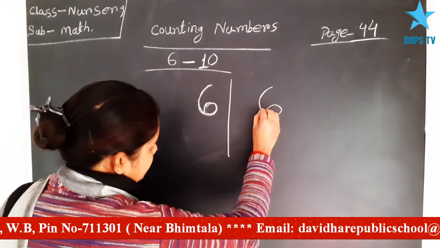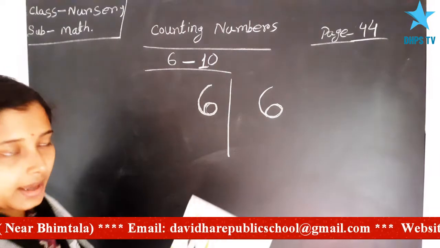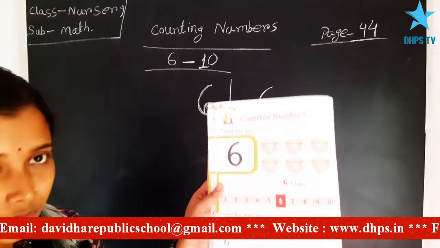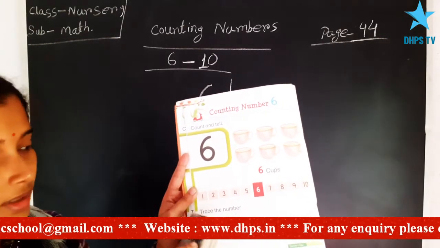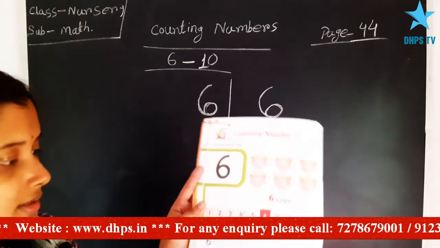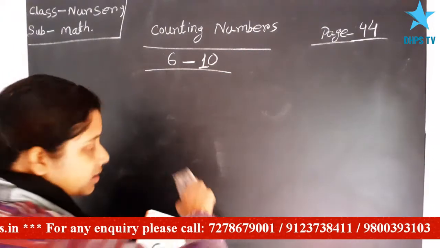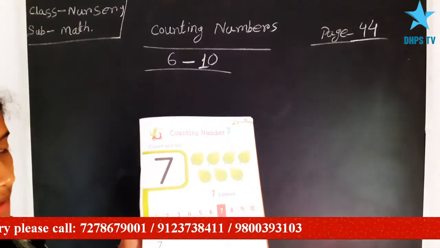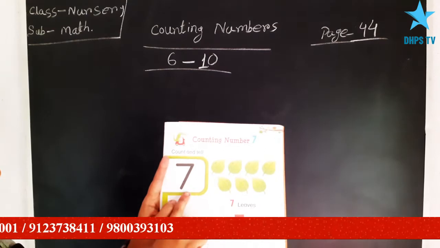So the number is called 6. And in your book page number 44, in the bottom portion you can see the task. When you will join all the dots with pencil, you can get the number 6.